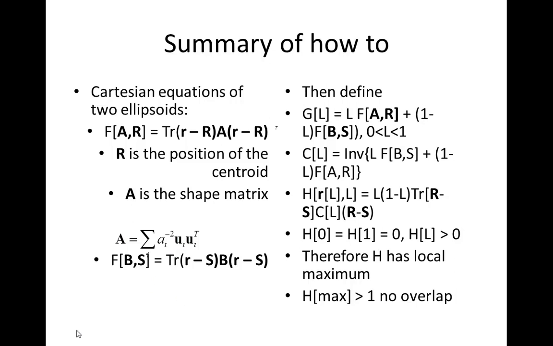And a similar one is f(B, s), which is an ellipsoid with center at the point S. Then you define this matrix quadratic form, which is a function of a variable lambda, where lambda goes from 0 to 1, and it's lambda times f(A, r) plus 1 minus lambda times f(B, s).